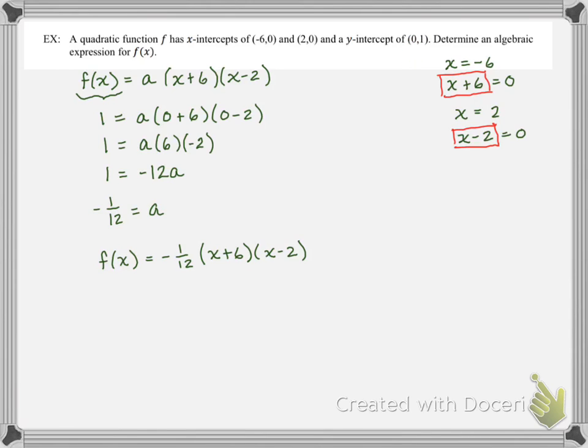What do you mean? Which order you put them in? Yes, because in ordered pairs, this is your x coordinate and this is your y coordinate, right? So I have to put 0 in for x, and then I have to put 1 in for y, which is my output, so for f of x.